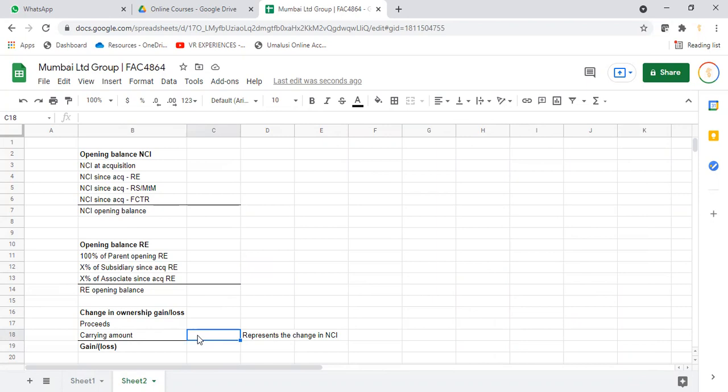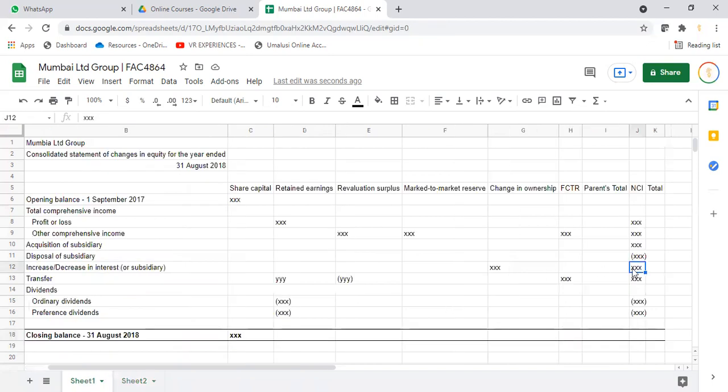Once I get that balance, that is at 100%. I'm not selling 100%. I'm only selling 5, 10, 15%. So whatever percentage I'm selling, I take that percentage multiplied by the 100% equity, and that represents the carrying amount of the business I am disposing of. Like I said, this amount represents how much NCI is changing by. So this amount will be plugged in by the NCI number.